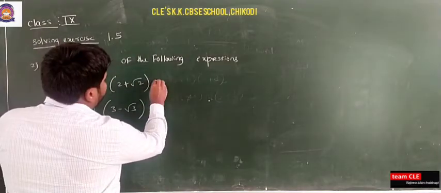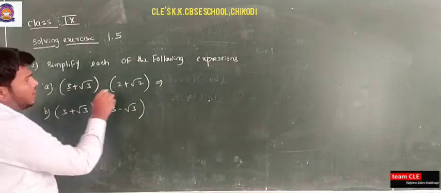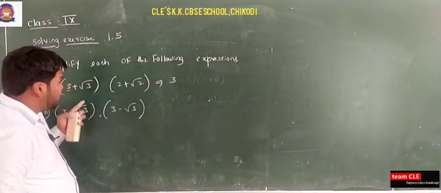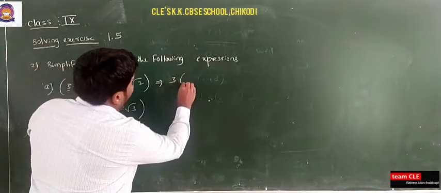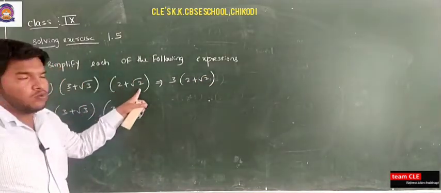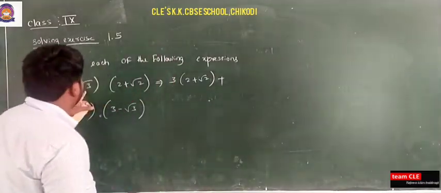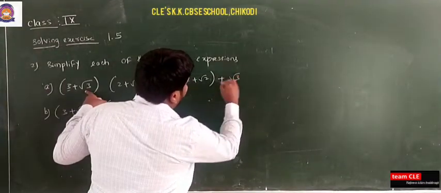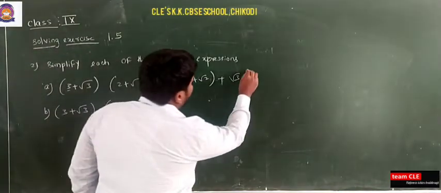I will keep this 3 as it is. Next I take the second bracket, 2 plus root 2. Next I take plus root 3 as it is, and again the bracket 2 plus root 2.